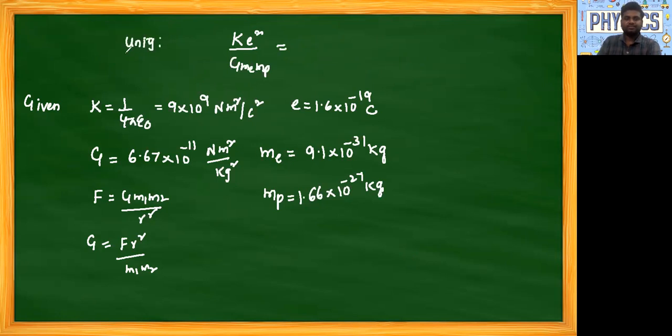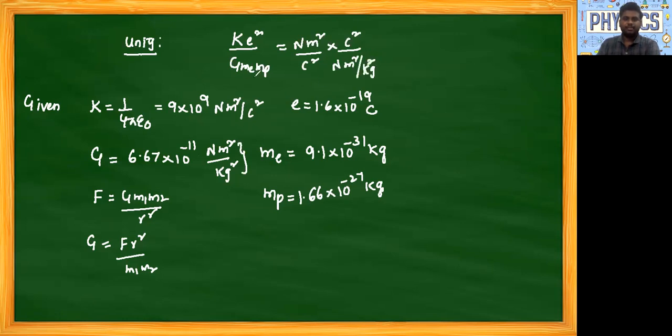First, K: the units are Newton meter square per coulomb square. And e, the charge, gives coulomb square. And G has units of Newton meter square per kg square.